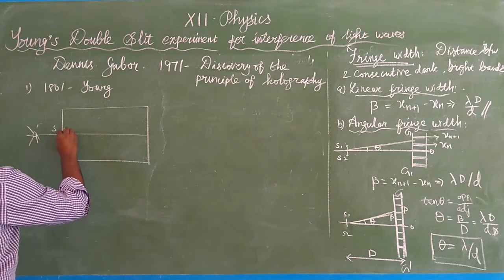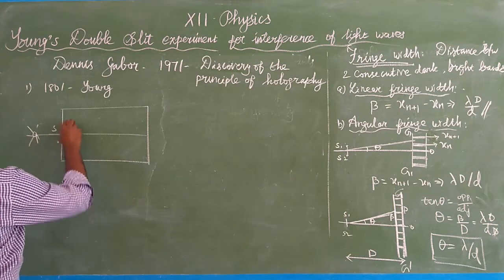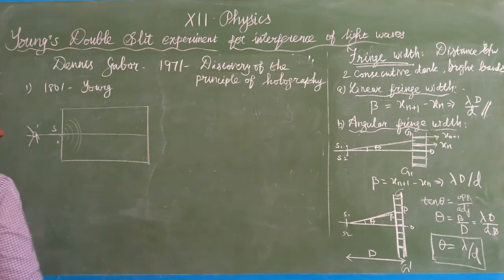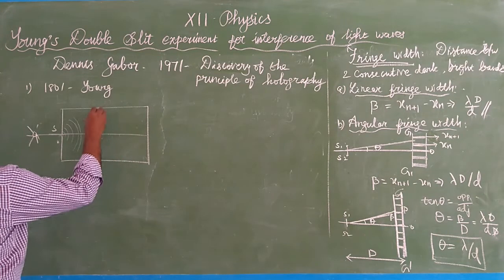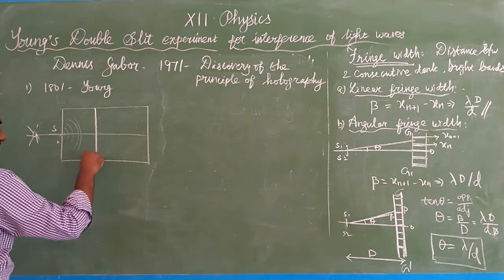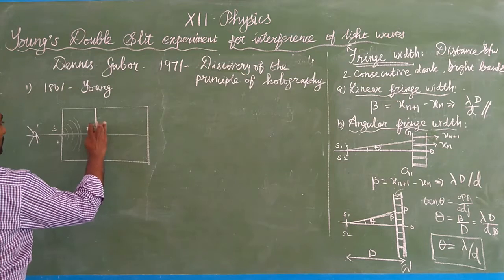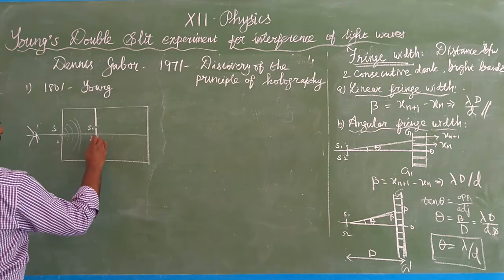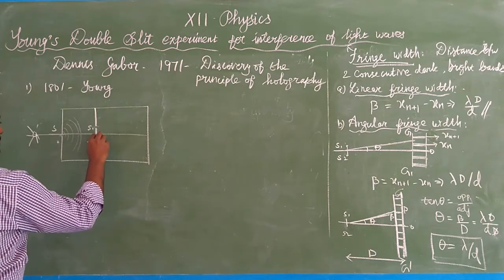Then it gets diffracted, so circular wavefronts originate. On the path of this light, he kept a dark barrier, but the barrier has two small openings placed very close together. This is slit S1 and this is slit S2. Again from here the interference is produced.